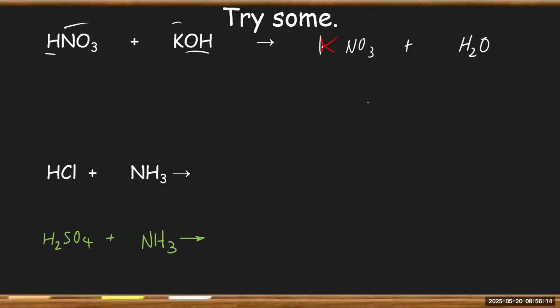So what do we know? We know that K is Group 1, which is +1. NO3 is -1. Crisscross, drop charges, and we know it's KNO3, right? Remember that from a long time ago? Now, once we wrote that, we got to look at the balancing, and it is balanced. This thing is good to go. Let's go to the next one.